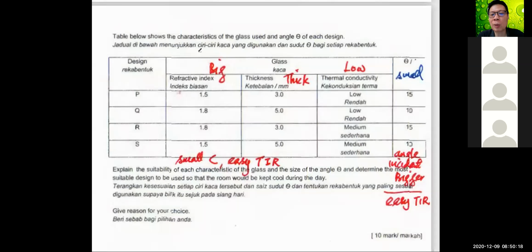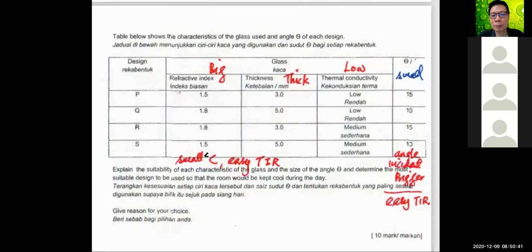First, refractive index. We must choose a glass with a bigger refractive index. The reason is when the refractive index is big, the critical angle becomes small, because n equals 1 over sin c, correct? When n is bigger, c becomes smaller.